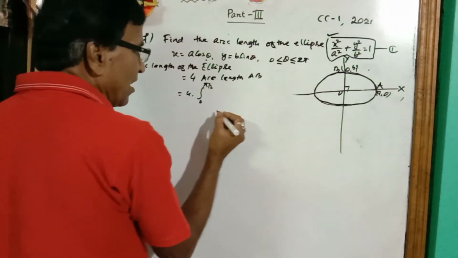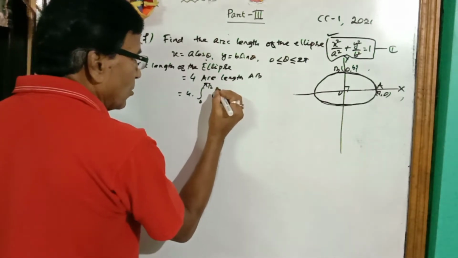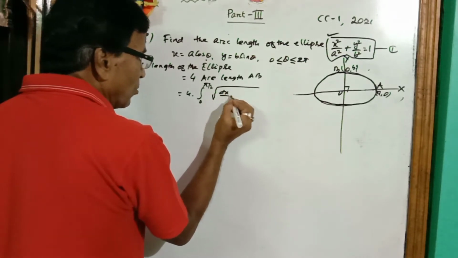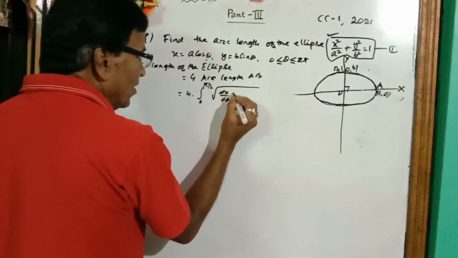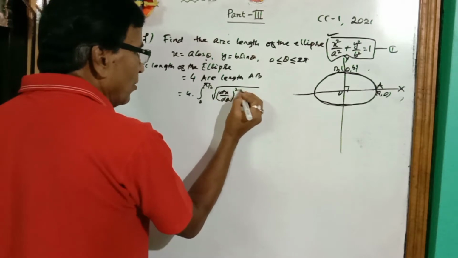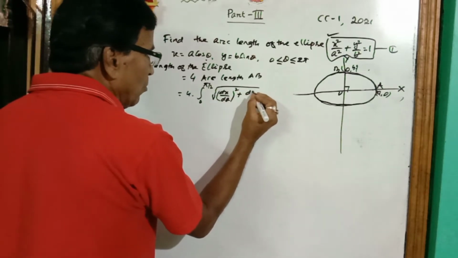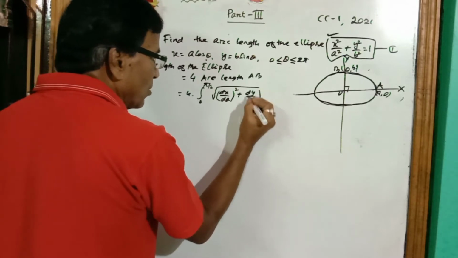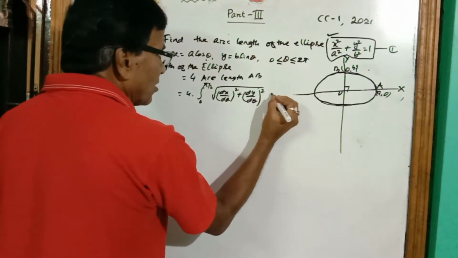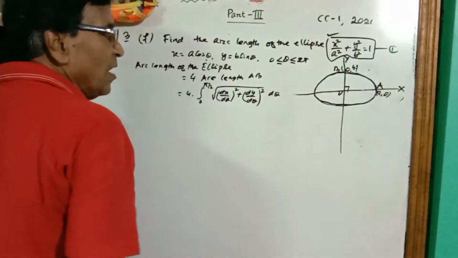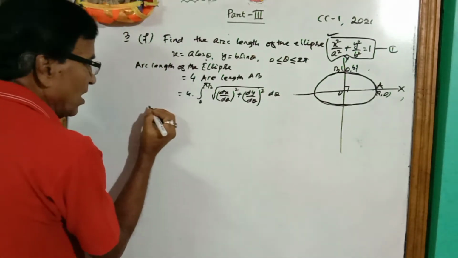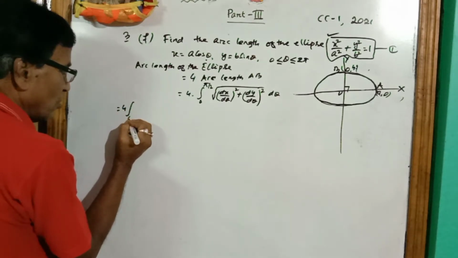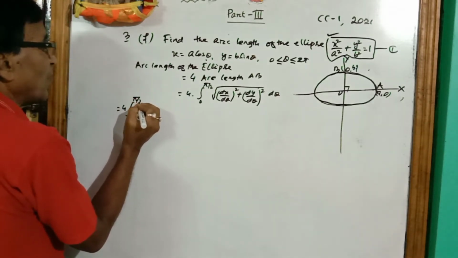And what is the arc length? The formula of arc length is the square root of (dx by d theta) whole squared plus (dy by d theta) whole squared, with respect to theta. Now it is equal to 4 into integration 0 to pi by 2.